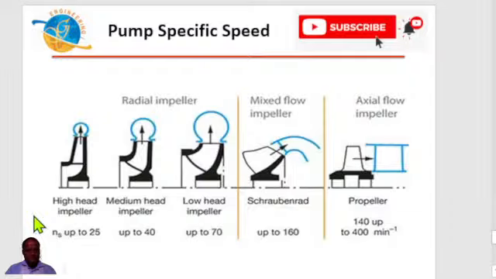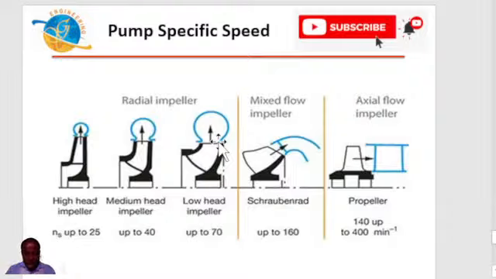In the radial flow impeller, the flow moves radially outwards, as you can see here. Depending on the value you obtain as your pump specific speed, you will choose the impeller shape best suited for the task.